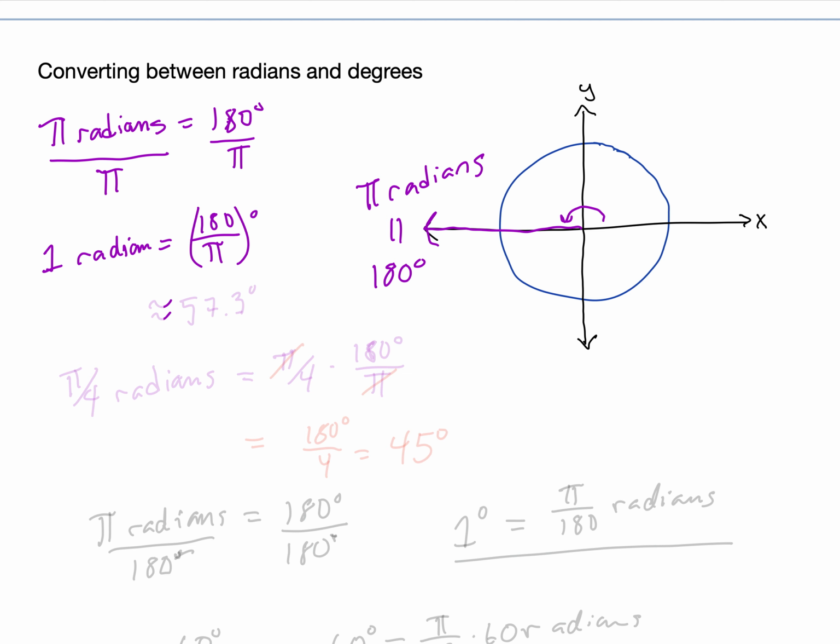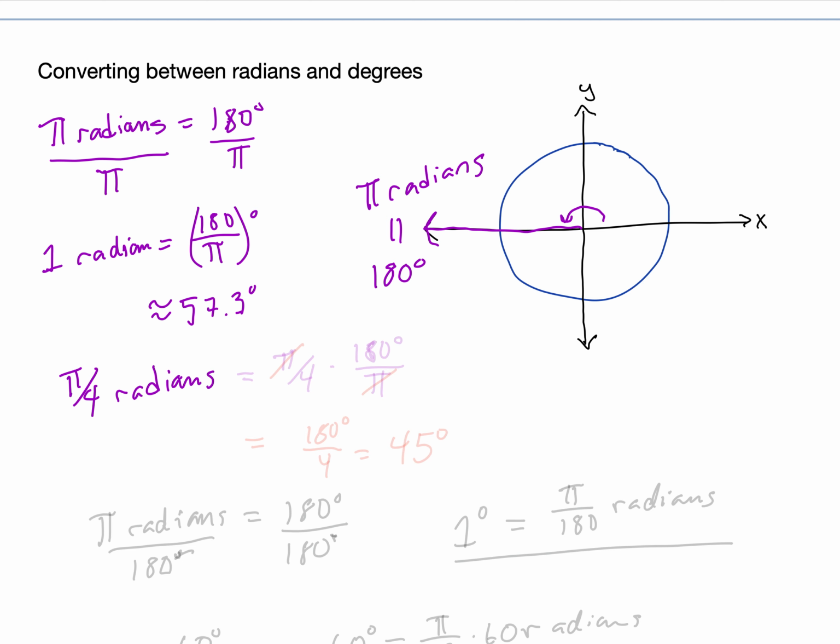Taking 180 and dividing by pi, or by the approximation 3.14, tells us that 1 radian is about 57.3 degrees, so close to 60 degrees. This gives us a way of converting any number of radians to degrees. What about pi over 4 radians?